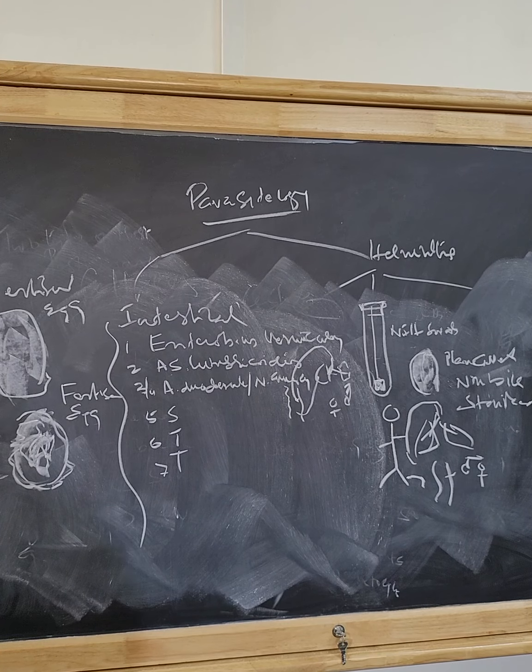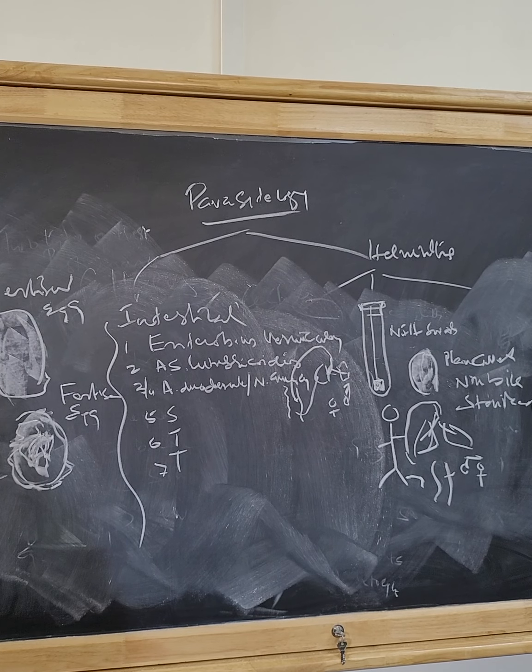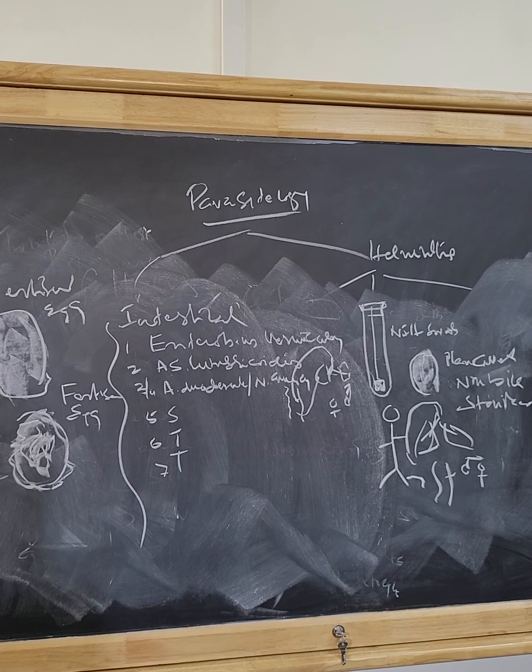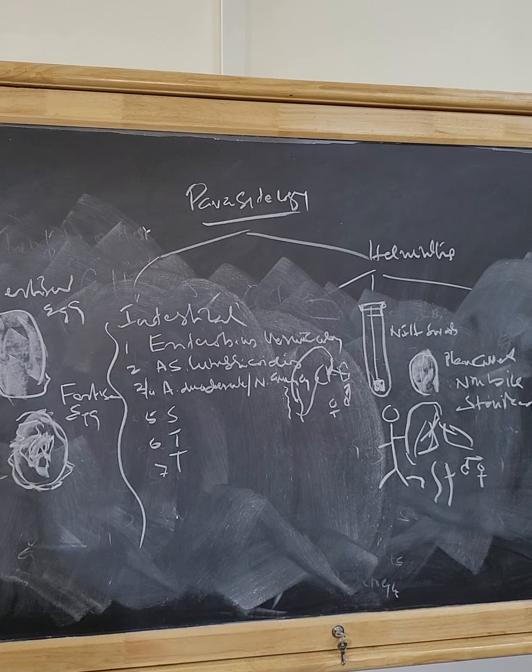So there are three hookworms: Ankylostoma duodenale, Necator americanus, Strongyloides. The life cycle is the same. Through the veins they go to the lung, come back to the intestine, fertilize and lay eggs.